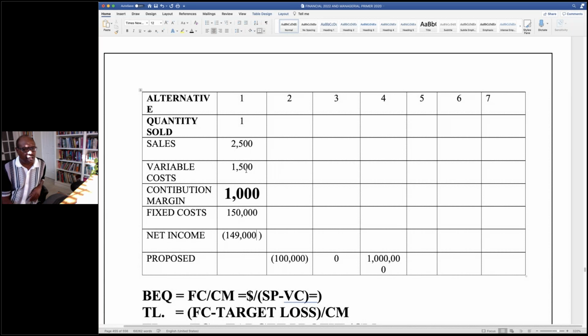Yes, sales less the variable cost, contribution margin, less the fixed cost, net income. So what you're saying is correct. You got sales. Then you're gonna deduct variable costs, get a contribution margin. Then you're gonna deduct fixed costs to get a net income. So sales minus variable costs minus fixed costs gives us net income.